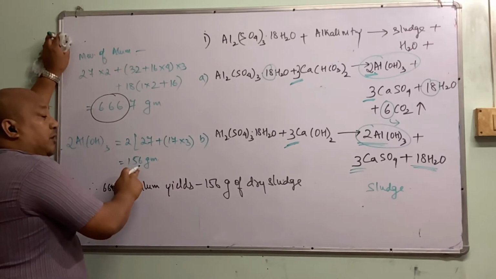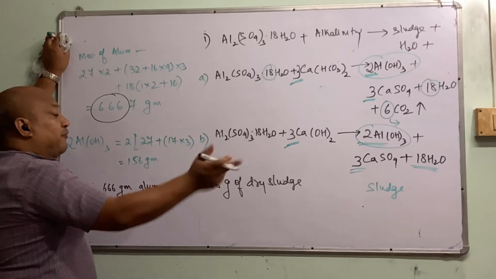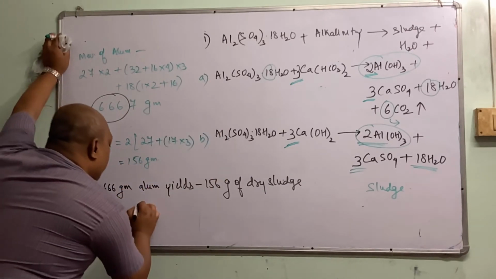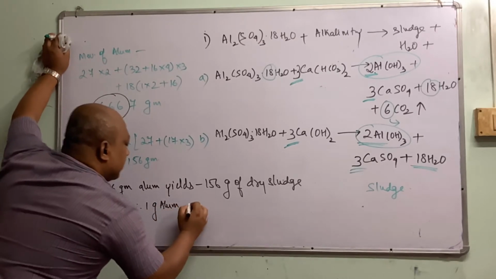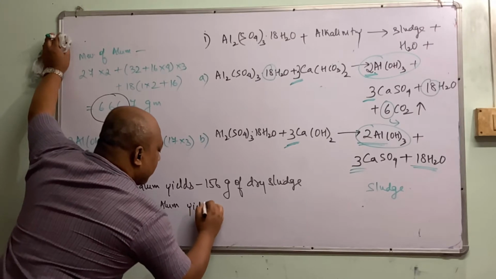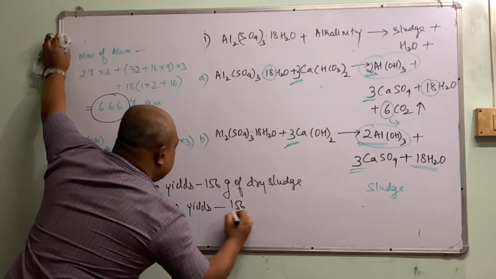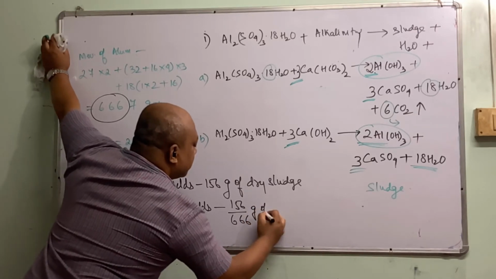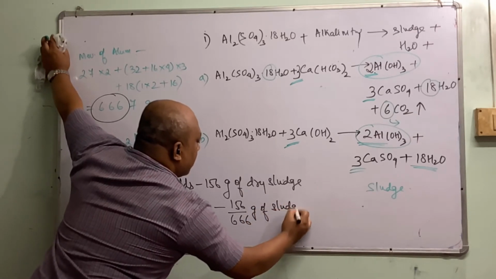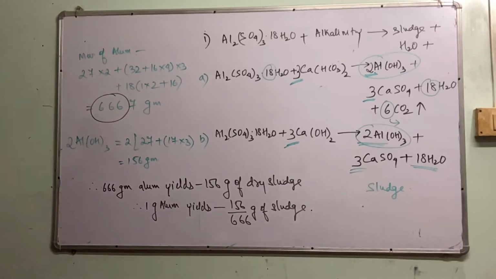Because this is still a solid; some part will come from the water molecule. Therefore, 1 gram of alum yields 156 divided by 666 gram of sludge. So these are the points you have to remember.